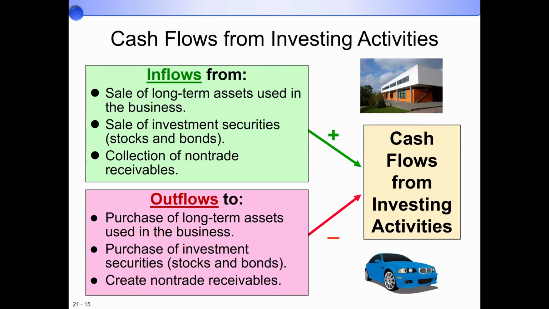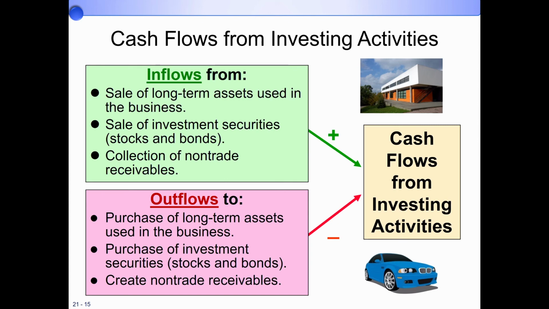External investing is when we purchase another company's stock, or we invest in another company's bonds. Internal investing is what we invest in ourselves. We purchase a new factory, new equipment, or a patent, even intangible assets.